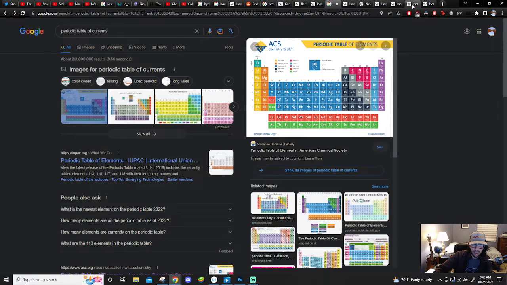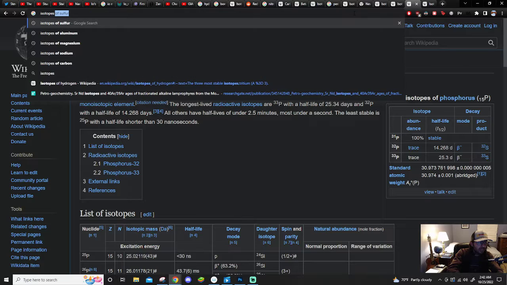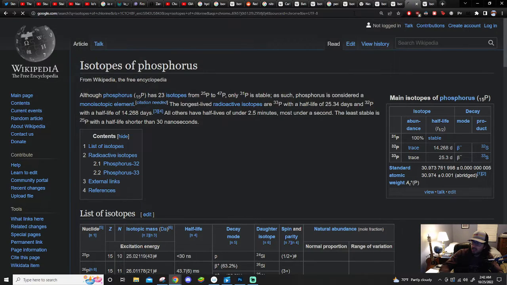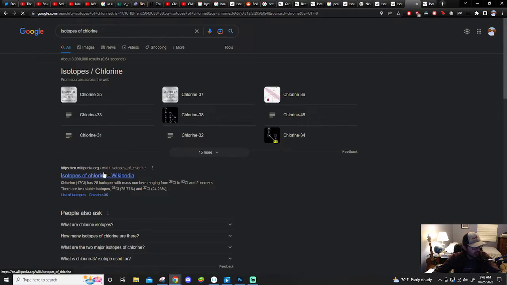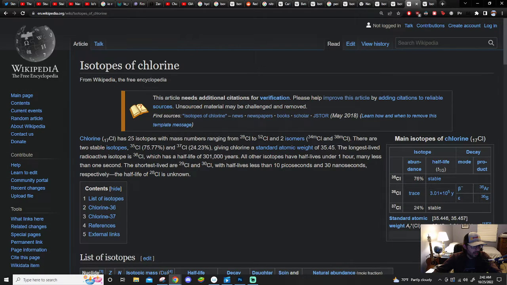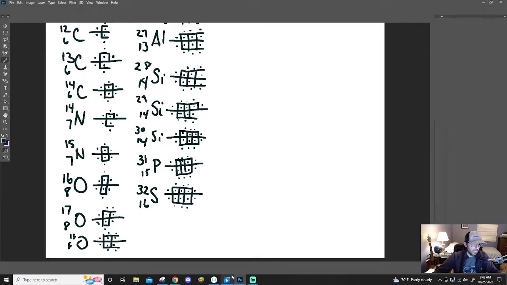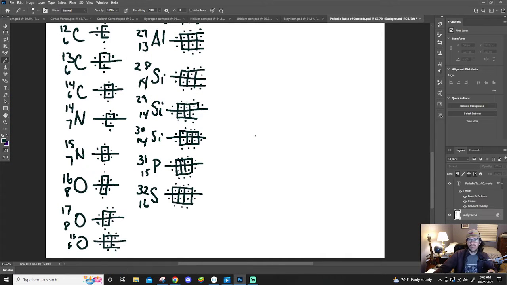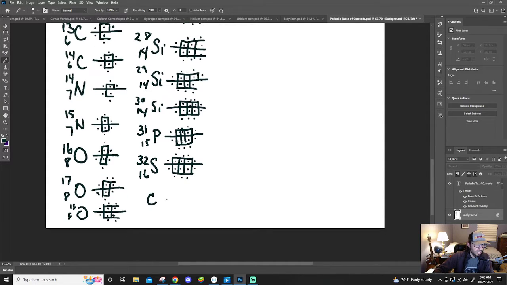Chlorine. Two stable isotopes, 35 and 37, mostly 35. Pretty good amount of 37. Interesting. Here we are at this what-happens-next moment, where I guess I'll just go up there.